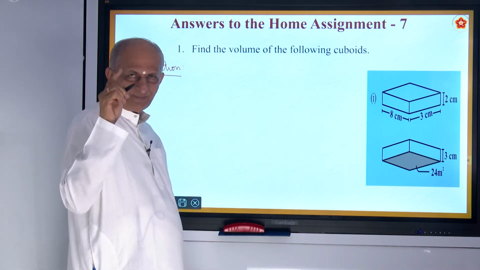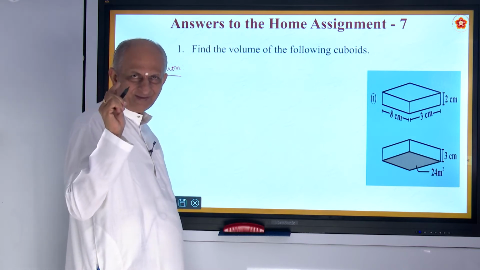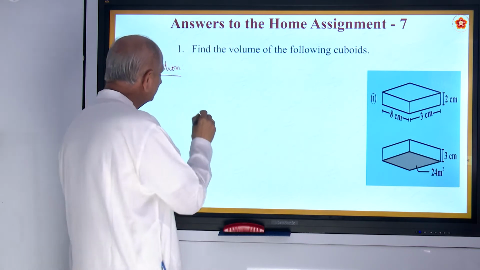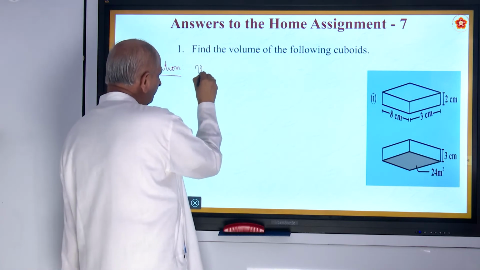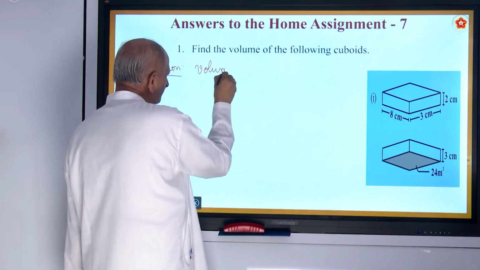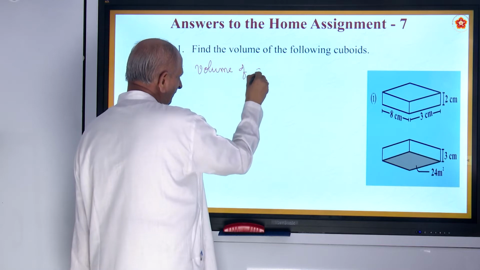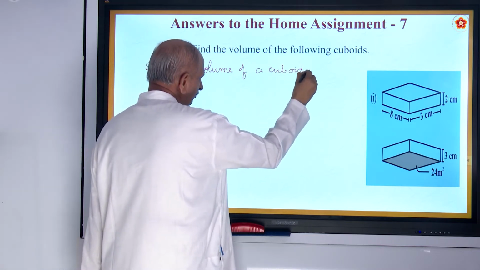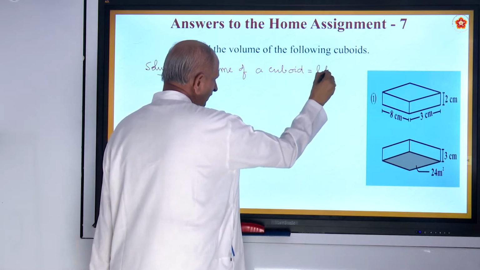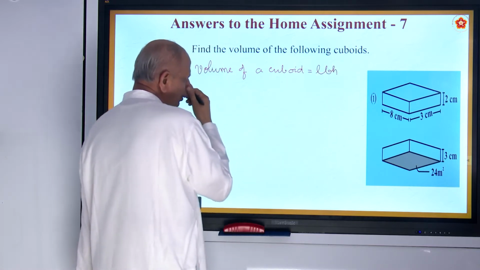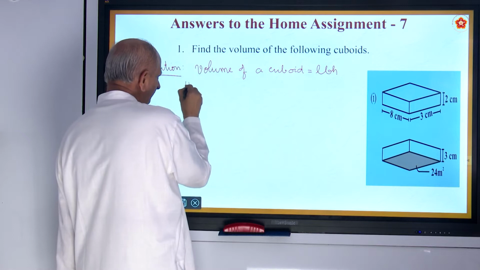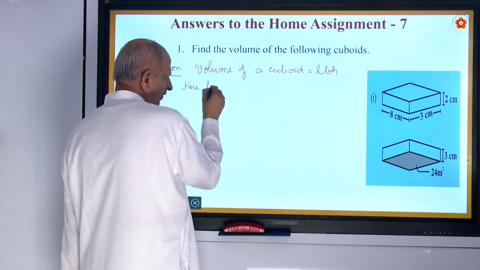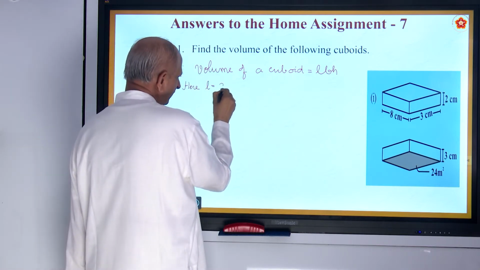If all the 3 become the same, what do you call it? Cube, correct? So here volume of a cuboid in figure number 1 is equal to L into B into H. Here L is given to be how much? 8 centimeters.